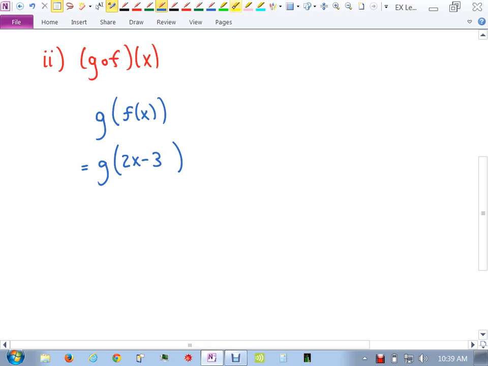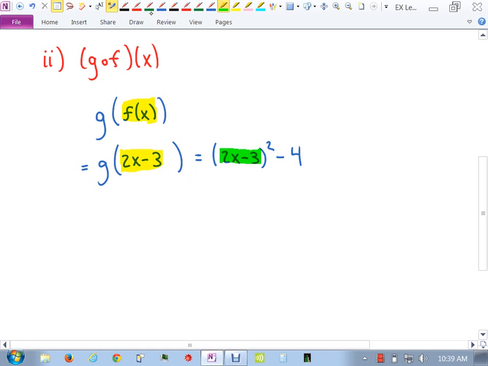So all I've done is replace the f right here with what it is. But then I'm supposed to take that and plug it into g. So that's going to go into the g function. What does the g function do? It squares it, right? So I'm going to write 2x minus 3, square it, and then minus 4. Does everyone see the g function there? If you squint your eyes, that green is the x. So that's basically x squared minus 4. But the green's been replaced with what we're plugging in, which is the f function.